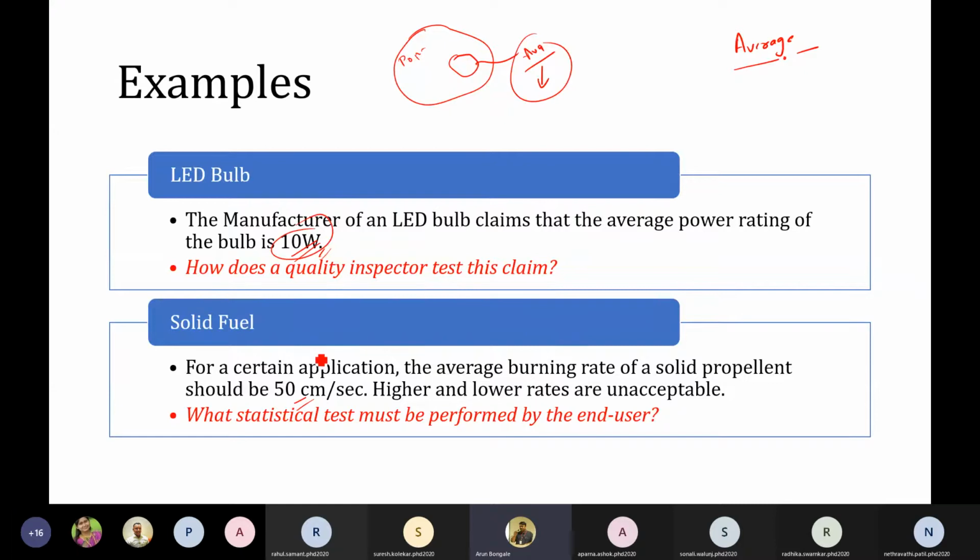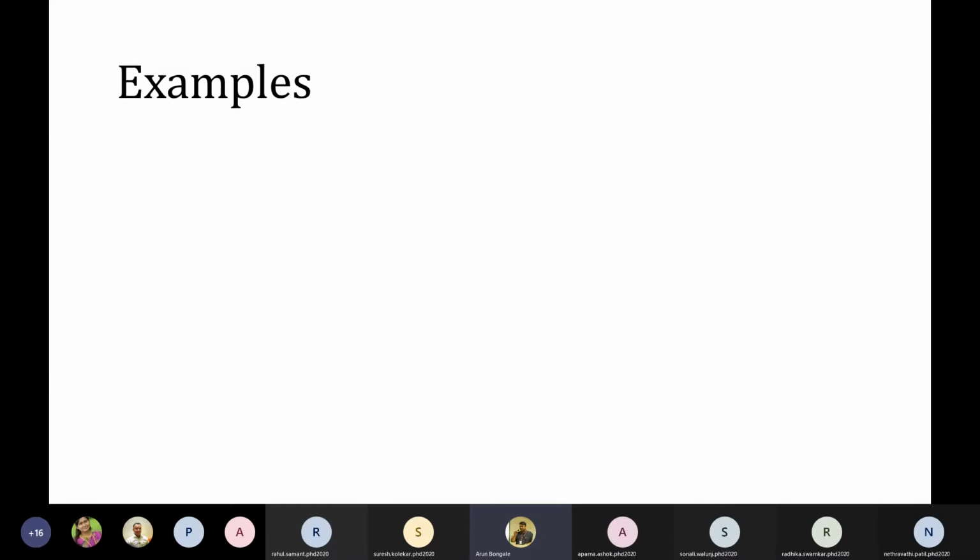Similarly, in the second, we select a sample out of the population, carry out experimentation to find the burning rate, then average it and check whether it matches the claim. Ultimately, we are finding the average values to check the statement, to check the hypothesis.